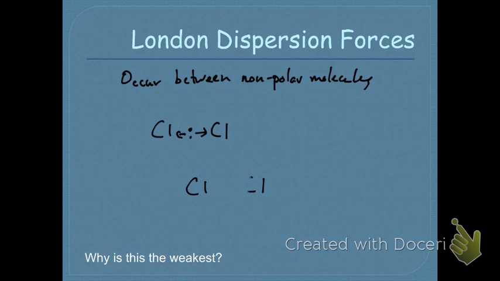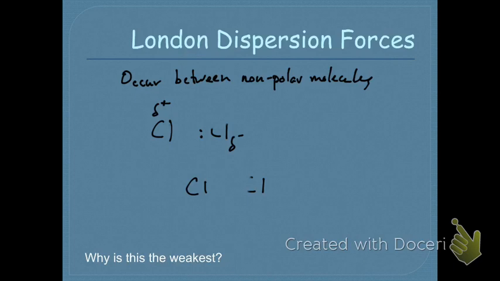It's not intentional or attracted towards one side or the other. They just move. So let's say at a particular moment these electrons move over here. At this moment, you will have what's called a dipole, because you'll have a slightly negative and a slightly positive side.